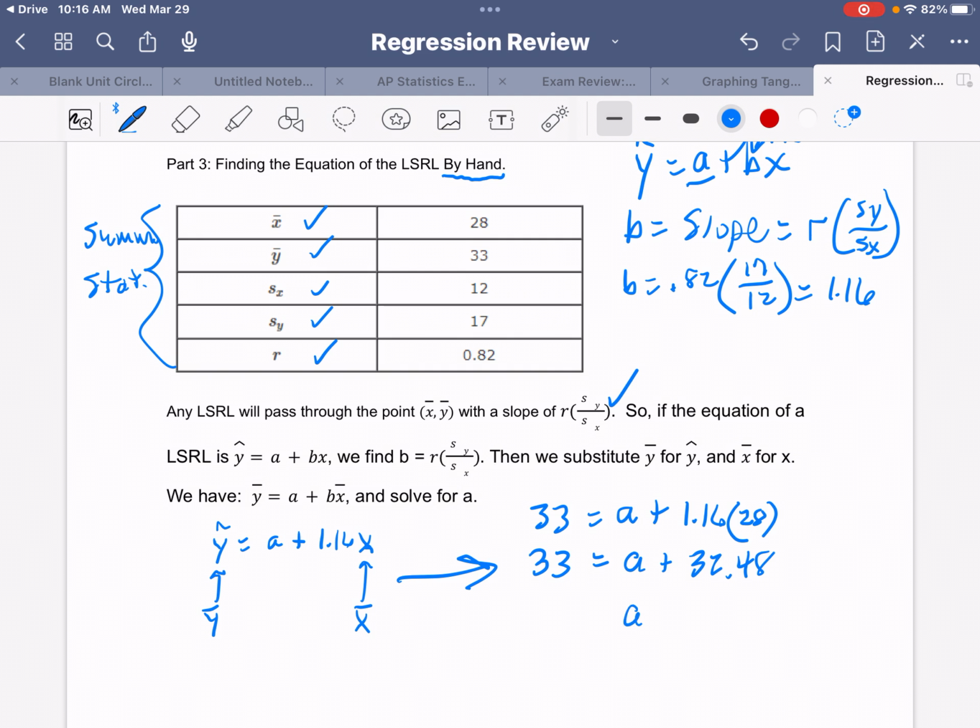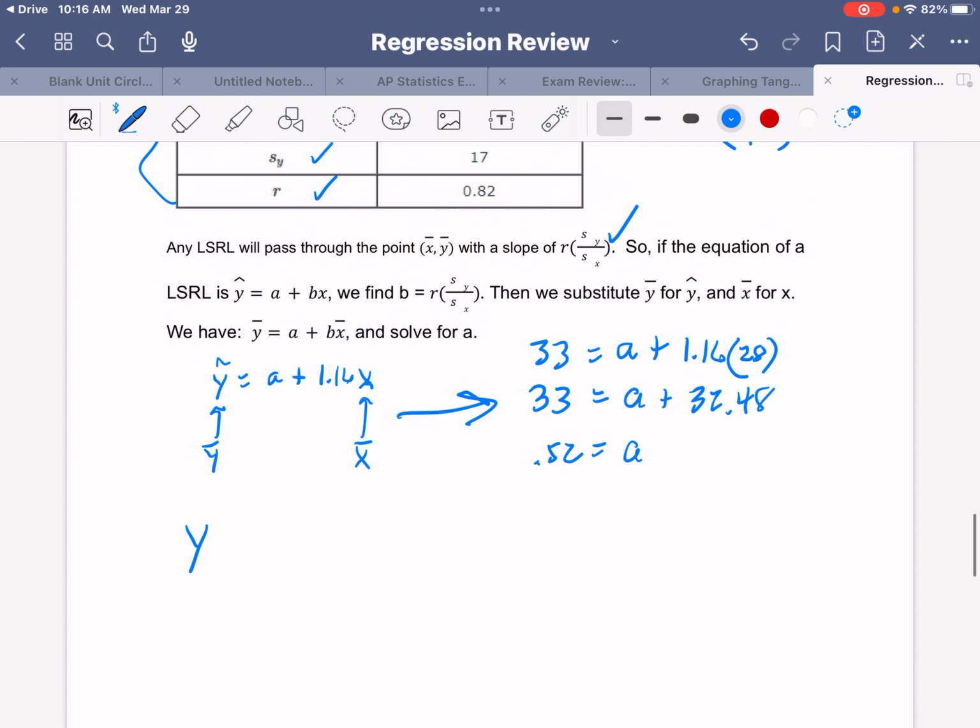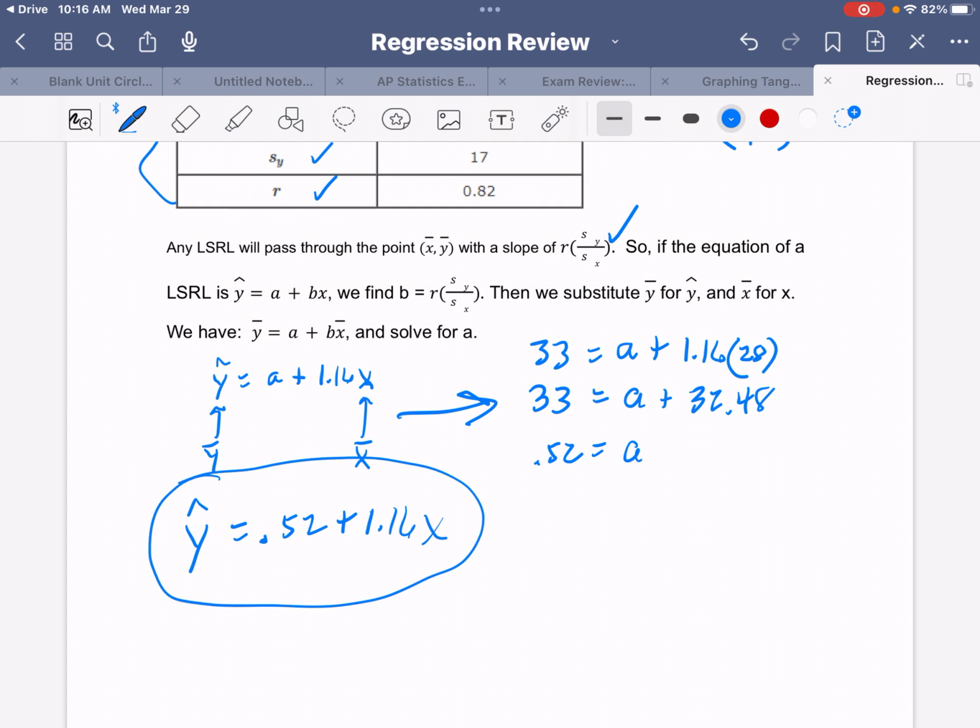Subtracting, 33 minus 32.48 is 0.52. So there you have it. We now know that y hat equals 0.52 plus 1.16x is the equation of the least squares regression line that we found ourselves. I could ask you to interpret the slope, interpret the y-intercept, interpret r and r squared, just the same as I had asked you on the previous examples.